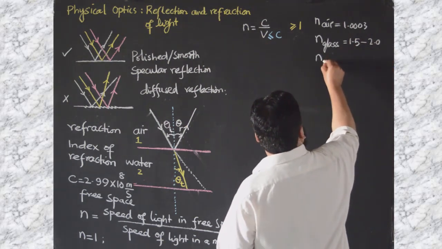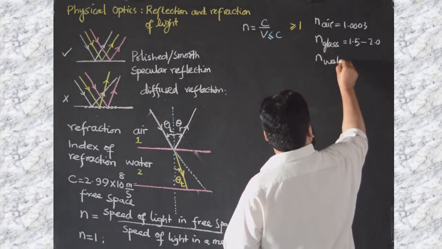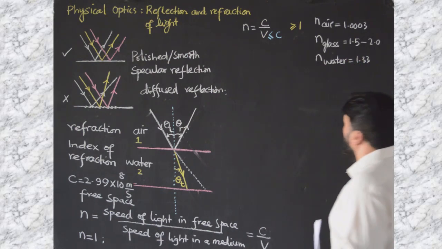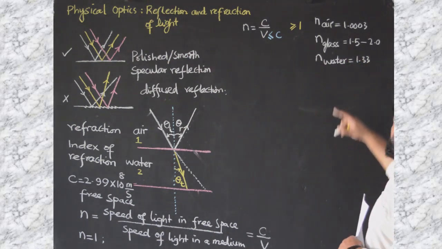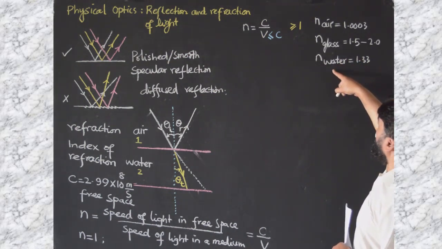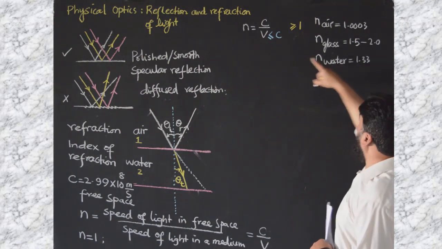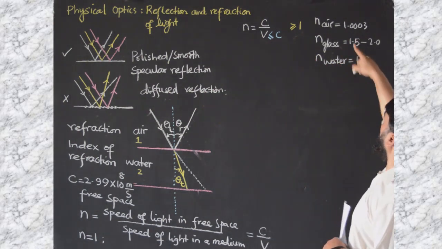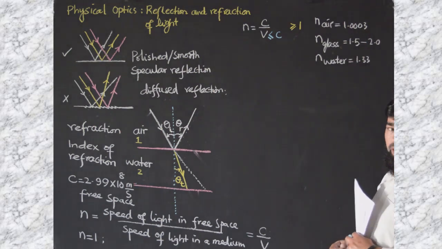Similarly, the n for water is equal to 1.33. So this gives us the idea that the speed of light lowers more in glass compared to water or air.